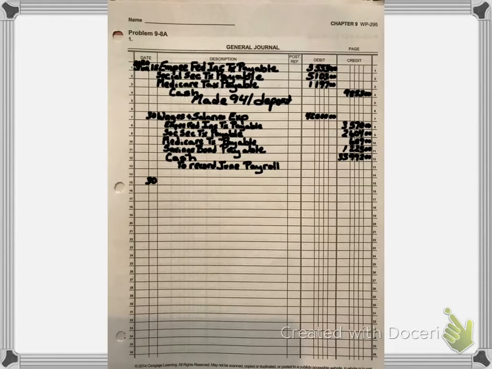So our entry to record the purchase of the savings bonds on the 30th is going to be a debit to savings bond payable for the $2,450. And a credit to cash. I forgot the 00.